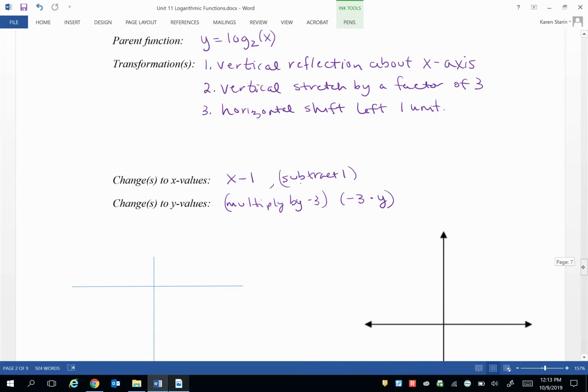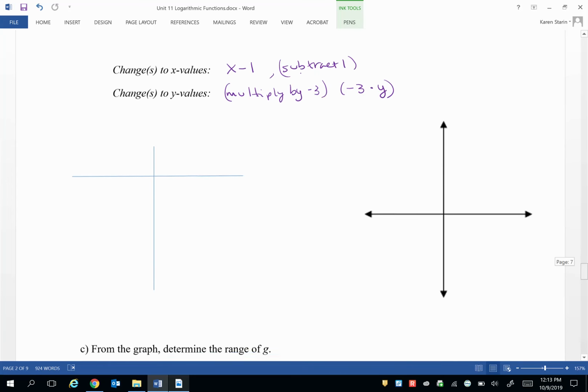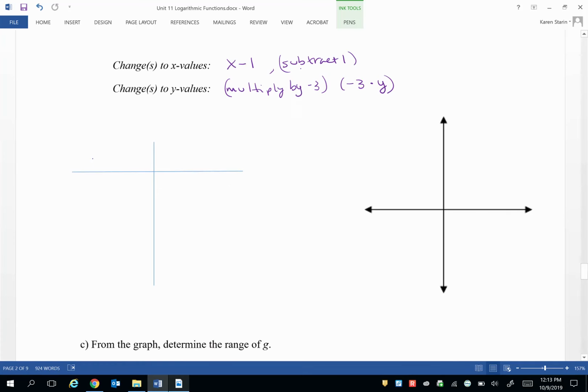So let's list the key points of the parent function, and that was log base 2 of x. So remember, that's positive 1/2 because the a is 2 and the y value is -1. We have the x-intercept of 1, 0, and then we have the base, and the exponent of 1 gives us 2.